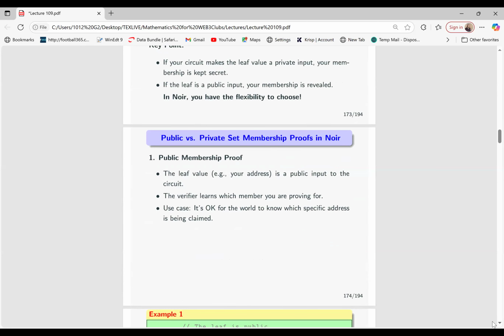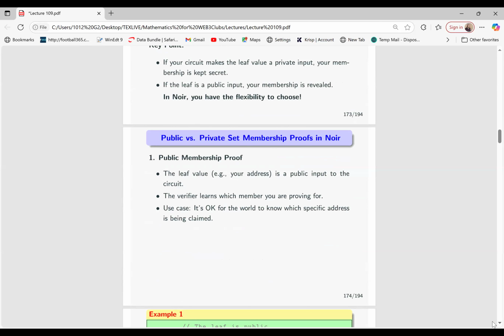So I'll just be highlighting how we then write a public Merkle tree proof that proves set membership, and also a private one.